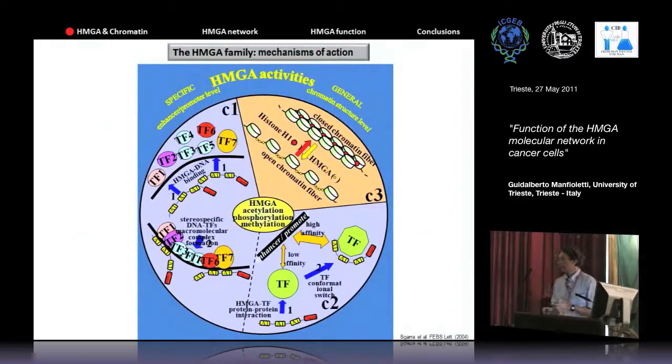In general, the contribution HMGA proteins give to transcription has to be seen at two different levels. One is more specific, at the gene-specific level, since they are able to, as I said, bind DNA and facilitate the binding of transcription factors to DNA, and by doing so they form complexes which are called enhanceosomes, promoting transcription.